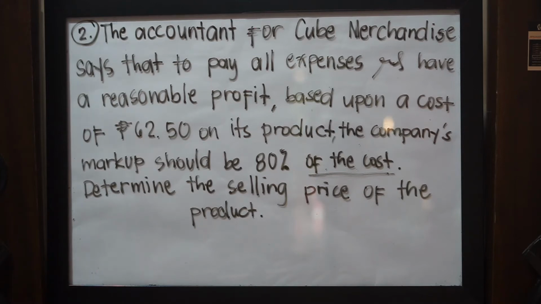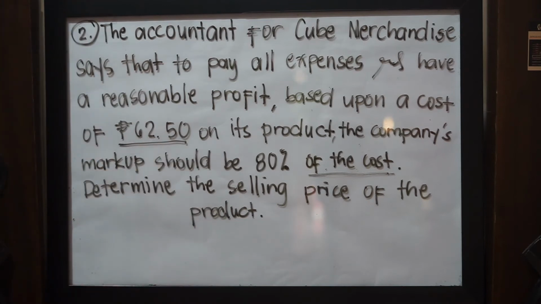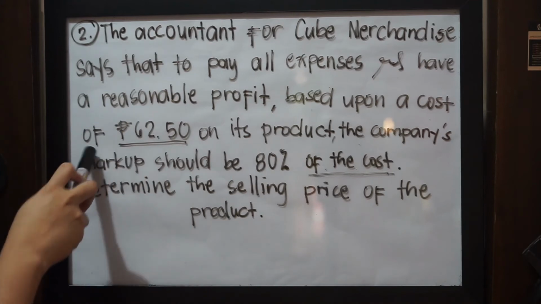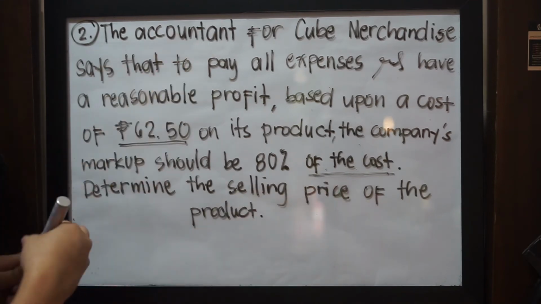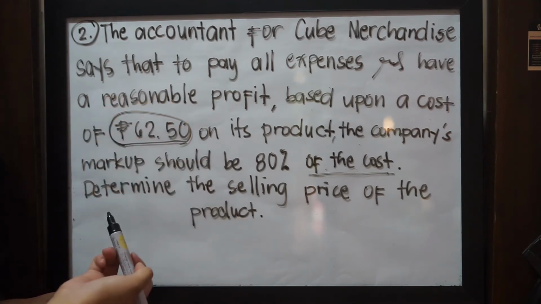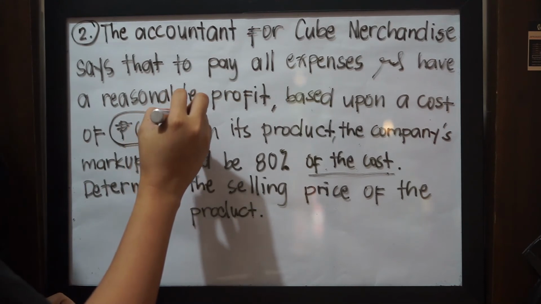Next, let's identify the given values for this problem. So, the first given value is 62 pesos and 50 centavos. Ano kaya yung 62.50 based dito sa problem na to? So, ang statement is based upon a cost of. Base dun sa statement na yon, we can clearly say that this 62.5 pesos is the cost.